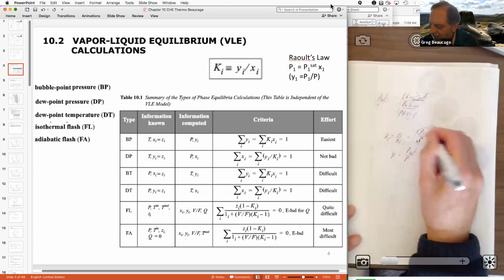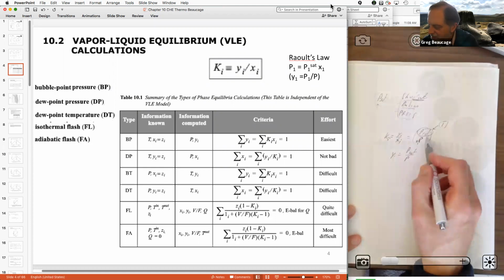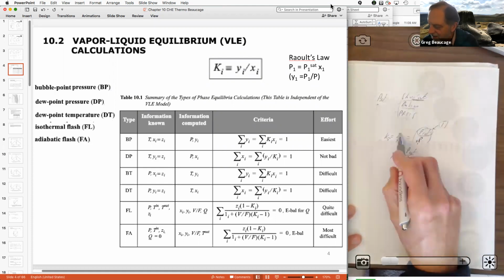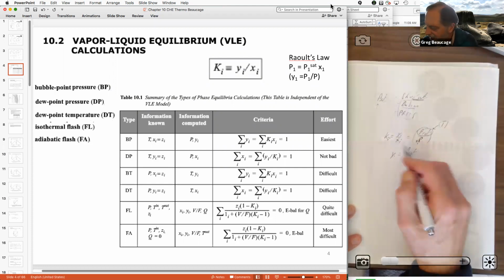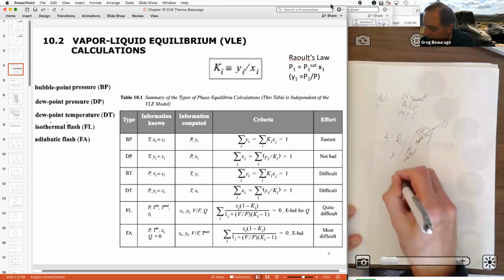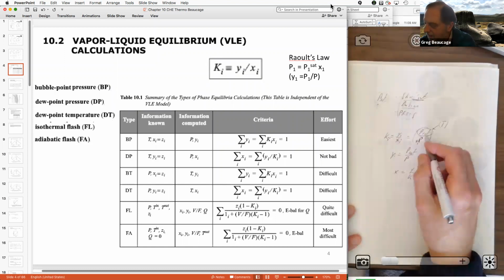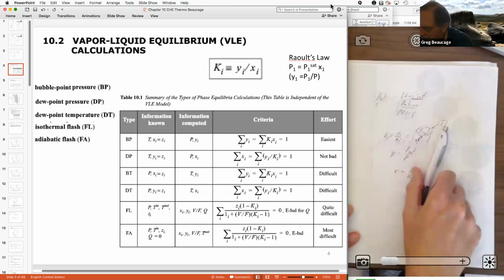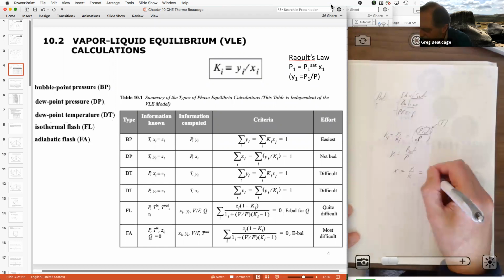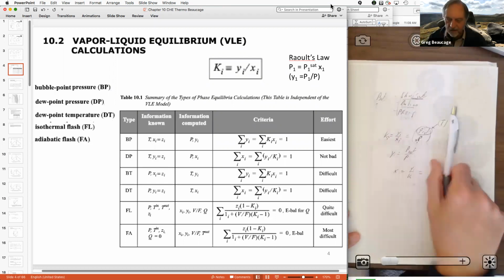Right, so if I can get P sat, which is a function of temperature, and one of these equations that you pick, and then I know the pressure, and if I know the X, I can get the Y, and inversely, if I know the Y, I can get the X. Right, if I say X equals Yi over K, and then K is going to be P sat over P, or P sat, so K is P sat. Let's see, this is confused.